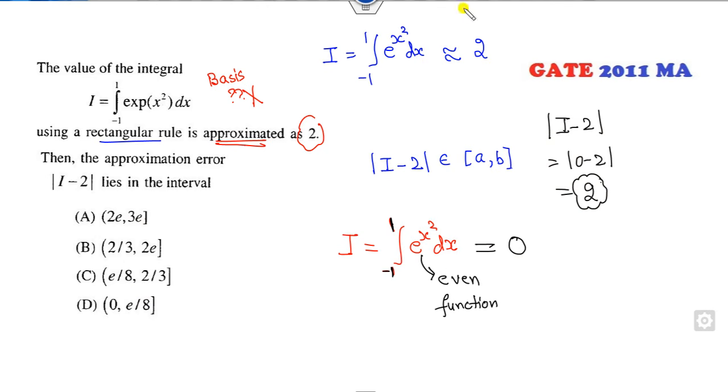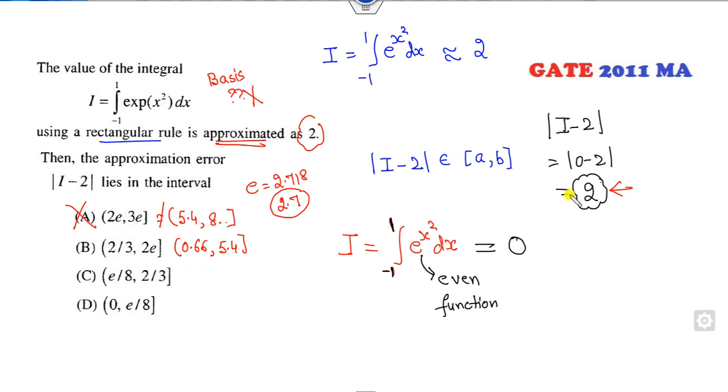You can see the first option is cancelled. Why? Because e is 2.718, or I can simply take 2.7. So what is the interval of this? It is the open interval of 5.4 comma 8 point something, and 2 does not lie in this, so this option is cancelled. This value will be 0.66 something, and 2e is 5.4.